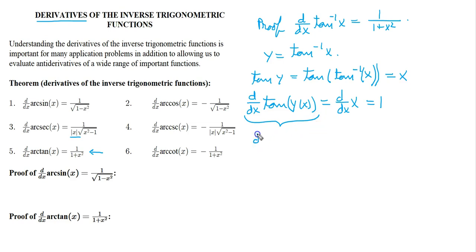So here we just did the chain rule. Notice the dy's cancel here. We can think of them as canceling, and they give us back the d dx right here. Now this piece right here, the derivative of tangent is secant squared.